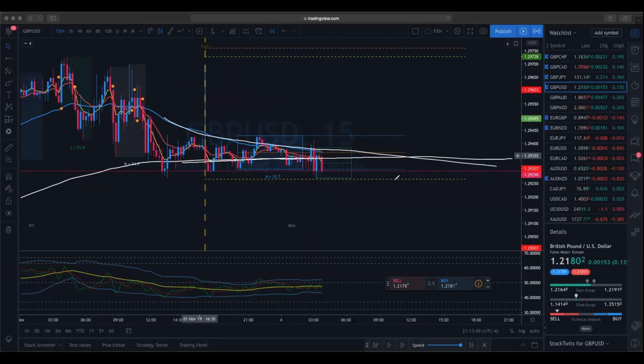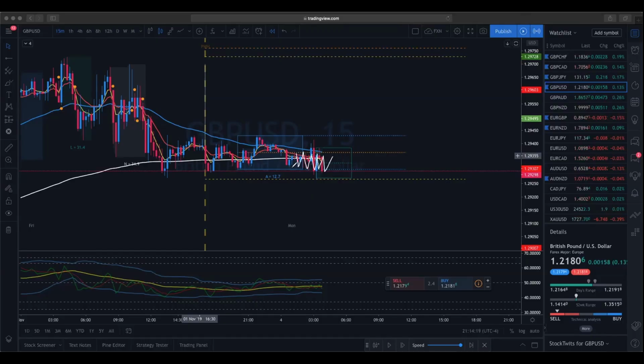So what's the likelihood of this actually going up higher? Low, extremely low. So ideally, you'd be looking for sells, for type 3 setups, because this is just moving sideways, sideways, sideways.